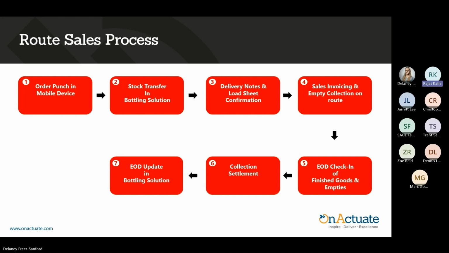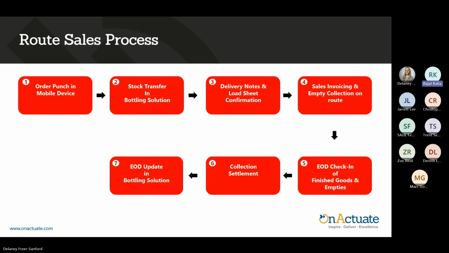Next, as John proceeds with the deliveries, the van sales system allows him to generate a sales invoice on the spot. He collects the payment from the customers and records the transaction in the system. Additionally, if customers have empty bottles or containers for return, John collects them too and updates the system accordingly.